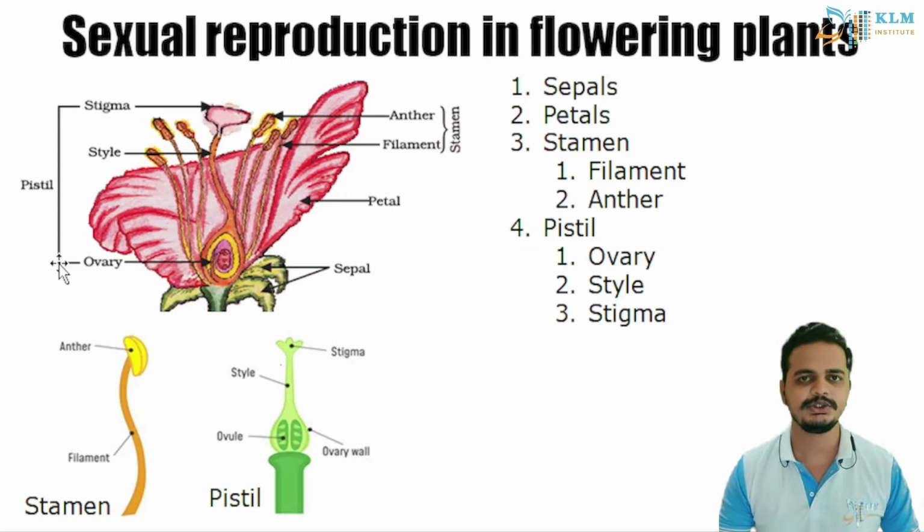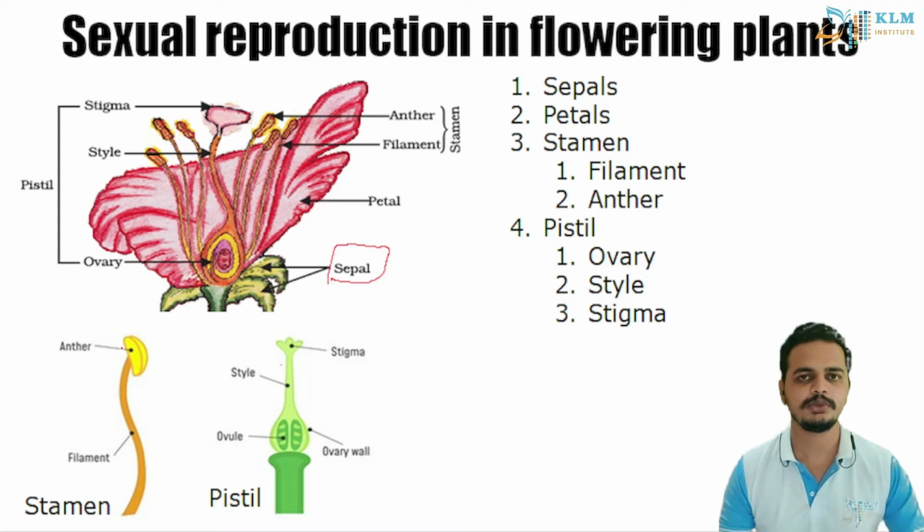So in sexual reproduction, first we are going to look into the sexual reproduction in flowering plants. The flower is the main reproductive organ in the plant. So we will look into the parts of a flower.